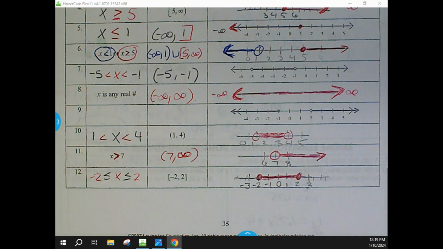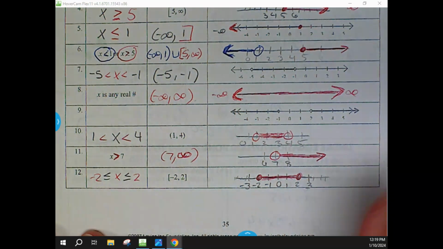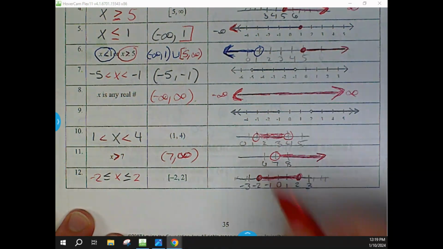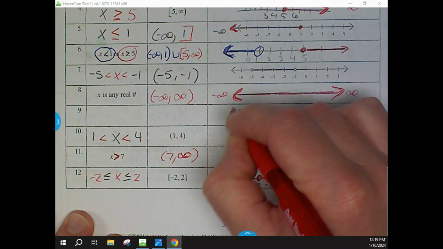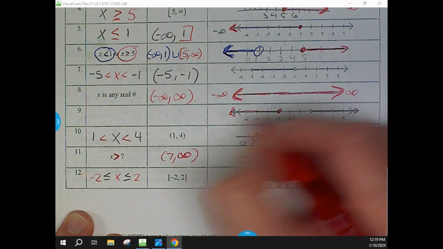Okay. And then number 9 is basically the exact same thing. It's just that they're doing number 9 in reverse. They give you a 2-part graph and say, okay, now we've got the 2-part graph here. Let's turn around and show what the inequality is going to be. So again, you do it in 2 parts. That part of the graph that's here, we do it in red. That's a solid circle at -1.